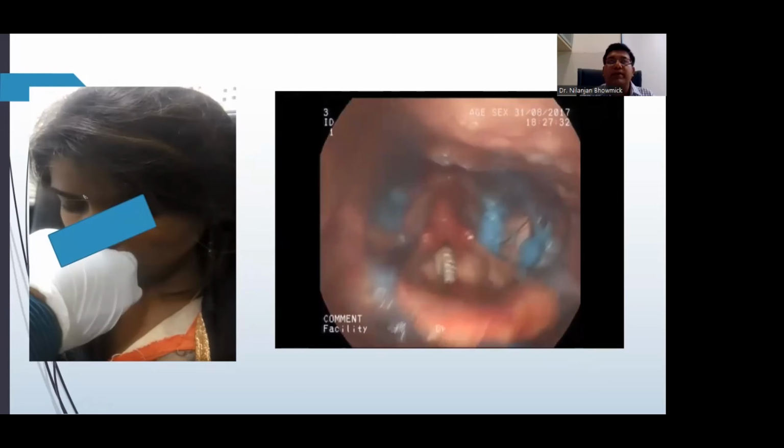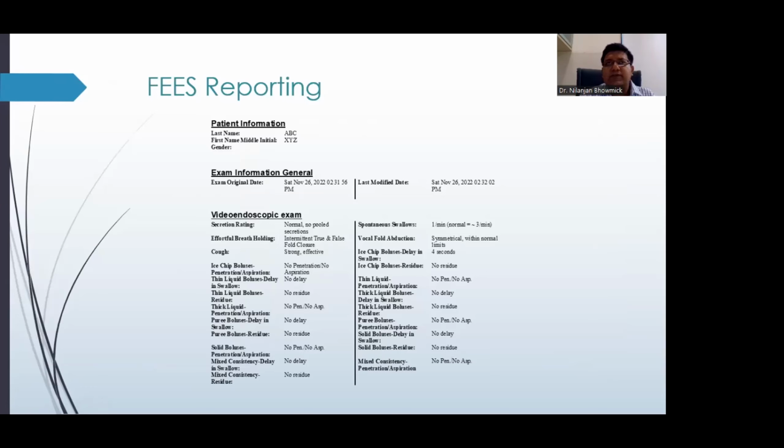This is the general format of a FEES reporting that's used. Mention needs to be made about ice chip boluses. You see, there are patients who we suspect will most obviously aspirate, or patients in whom we are not sure whether they'll swallow or not. In these patients, a block of colored ice is kept over the patient's tongue.